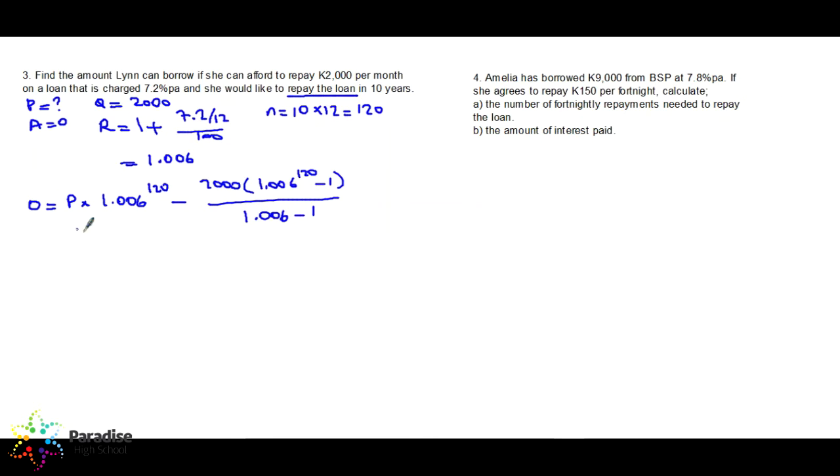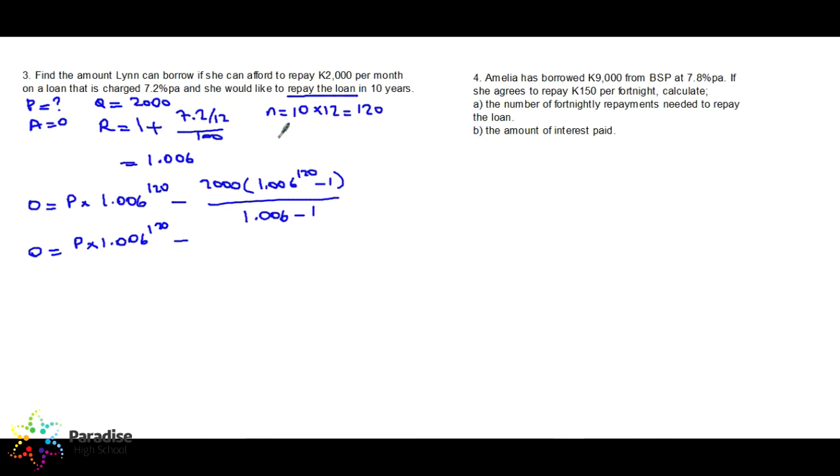So now this is the unknown and that is the number. First, I will calculate the value of this number and move it on the other side. 0 is equal to P times 1.006 to the power of 120 minus, let's calculate, 2,000 times, open the bracket, 1.006 to the power of 120 minus 1, close the bracket, divided by, open the bracket, 1.006 minus 1, close the bracket.